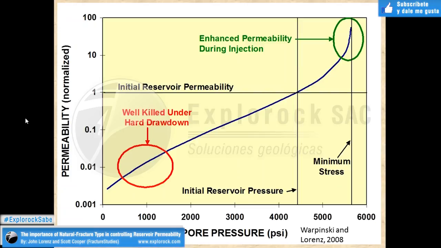This is a standard laboratory system where you take a cylinder of rock, you put an artificial fracture in it, and then you inject laboratory oil down into the top of the system and measure the rate at which the oil escapes along this artificial fracture.